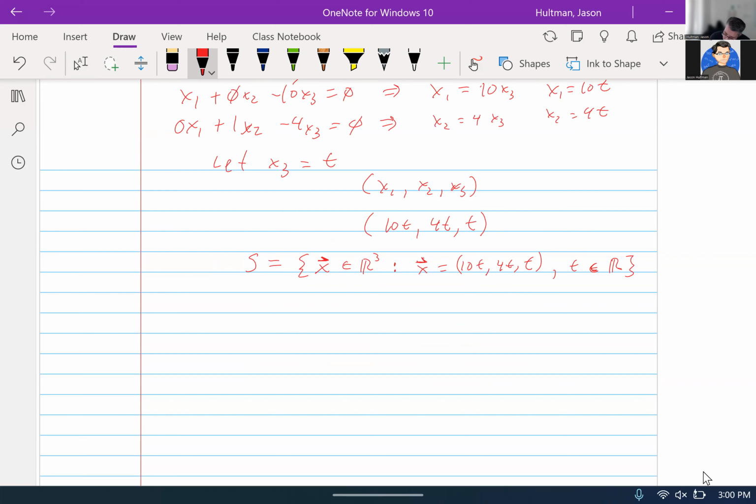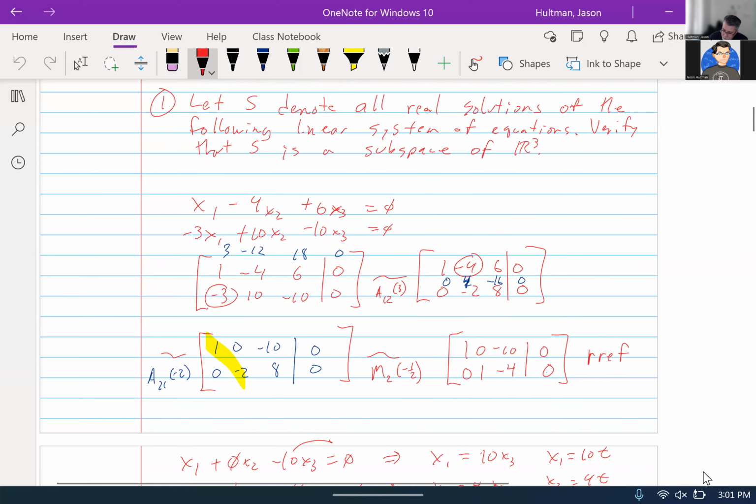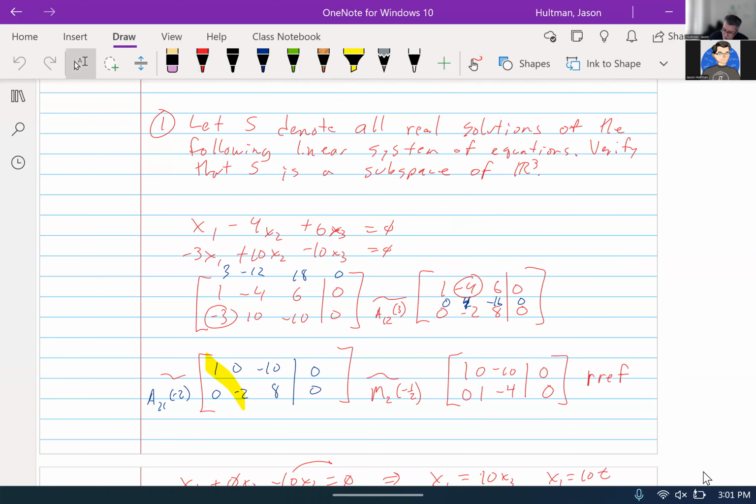So is this a subspace though? This is a subset, certainly, or a set of values, but is it a subspace of R3? We already know that R3 is in itself a vector space.